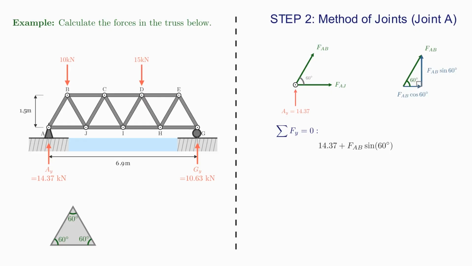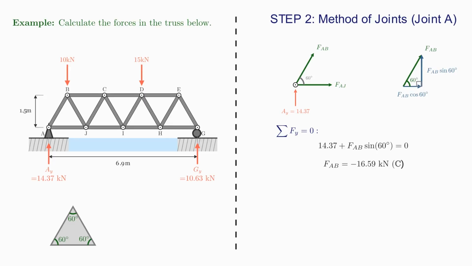The sum of these two is 0. Let's bring the 14.37 over to the other side where it becomes negative, and dividing by sine 60, we get that FAB is minus 16.59 kilonewtons. This just means that this is acting in the opposite direction to what we assumed. It's under compression rather than tension.